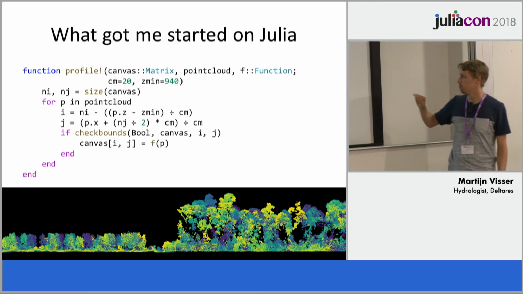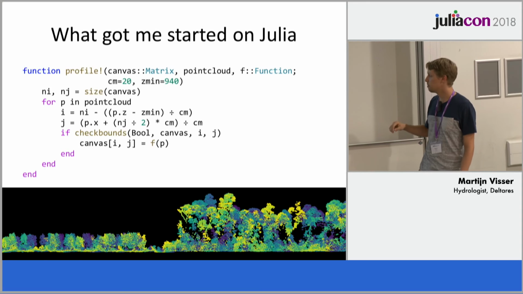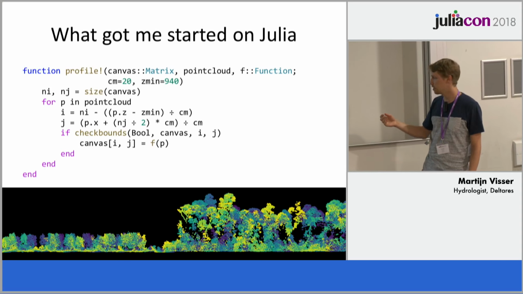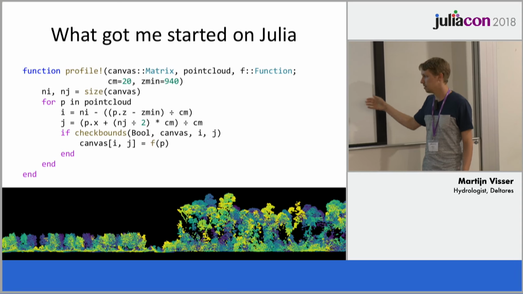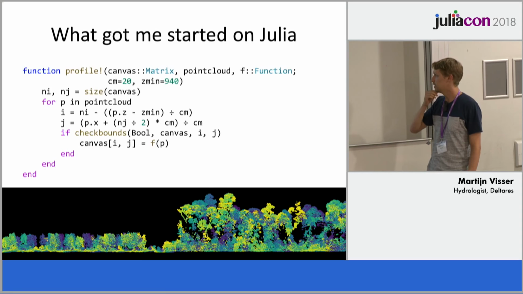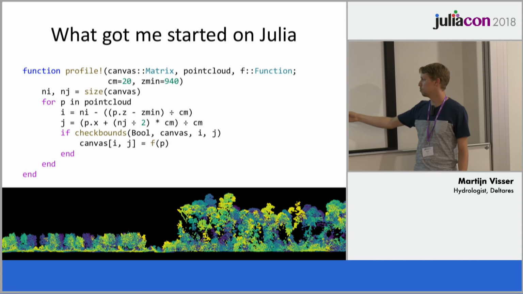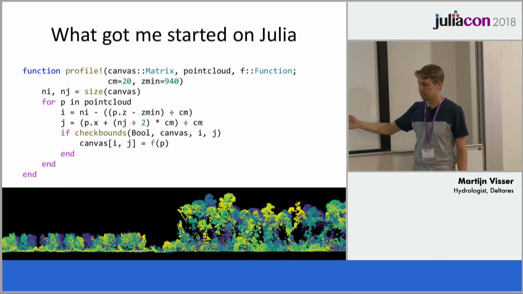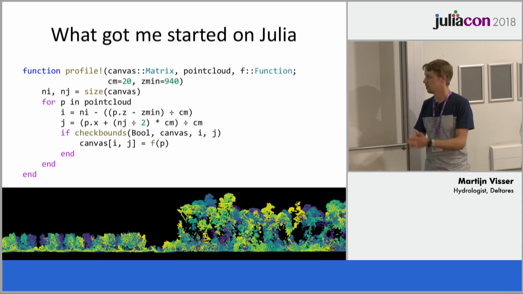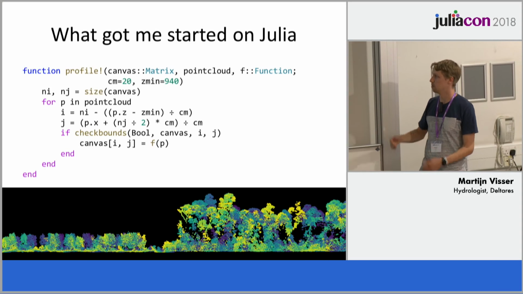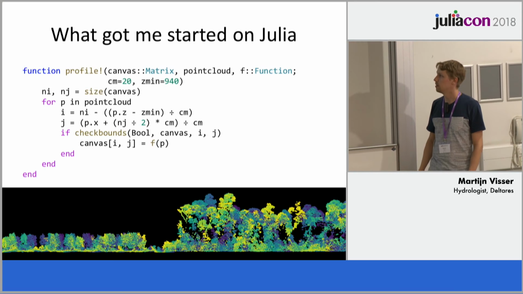With this short amount of code, I already have a function that can draw a nice profile like this. In this case, I put in a function that colors the points according to their distance into the profile to look at depth a little bit.